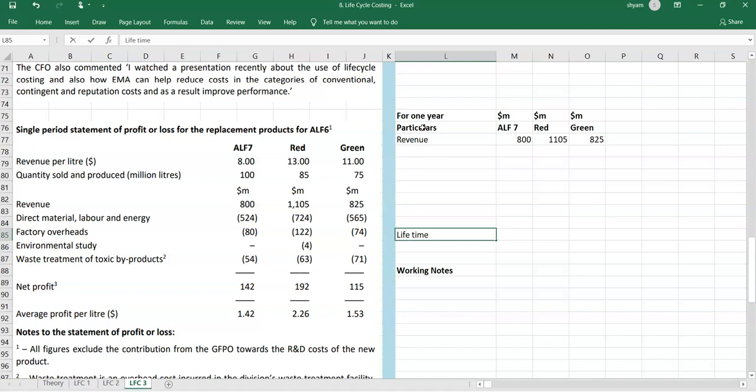income, or lifetime profit. We will then find it out. So let's get the yearly income and expense. So this is per annum. All these are for 1 year. So direct material, labor and energy.